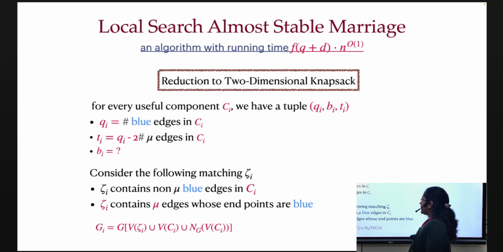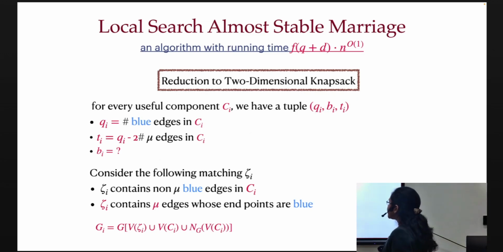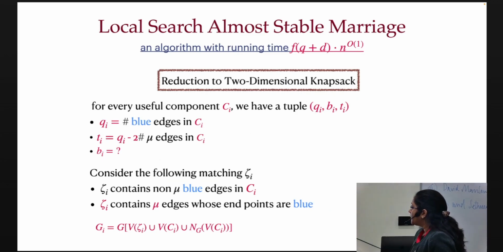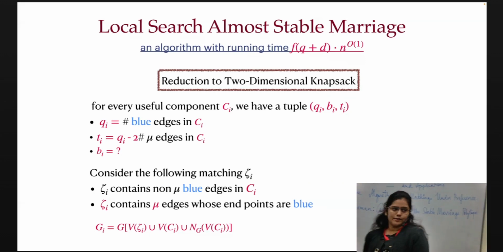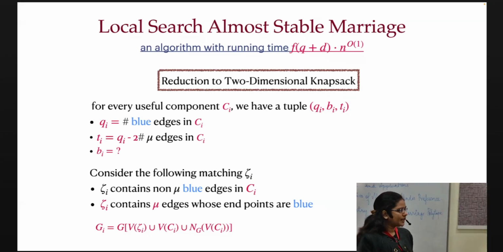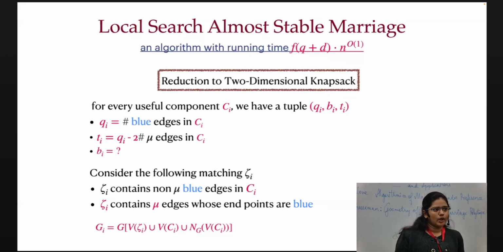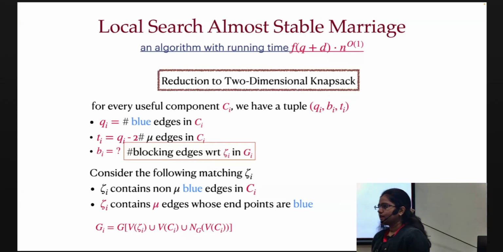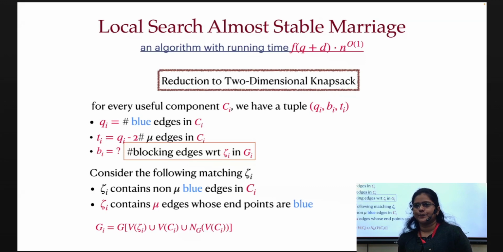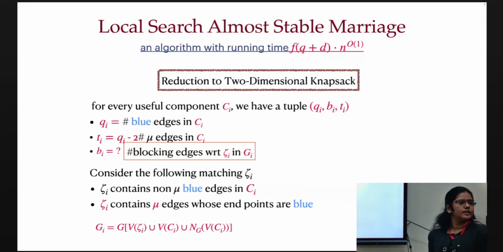So Bi is the number of blocking edges with respect to zeta i in this graph Gi. Do you all agree? We already discussed it. Is it clear or not?